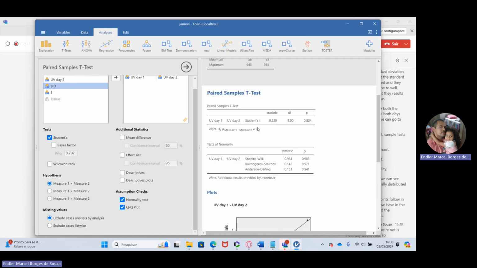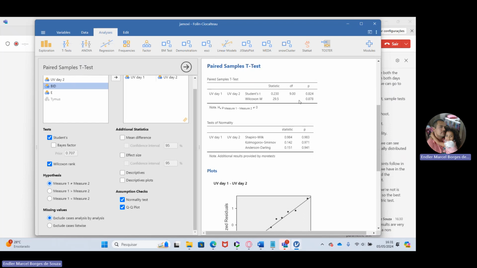So the best option is the parametric test, the Student t-test. However, since the results are very close, you might use a non-parametric test. The parametric and the non-parametric tests provided the same conclusion, that both days provide equivalent results.